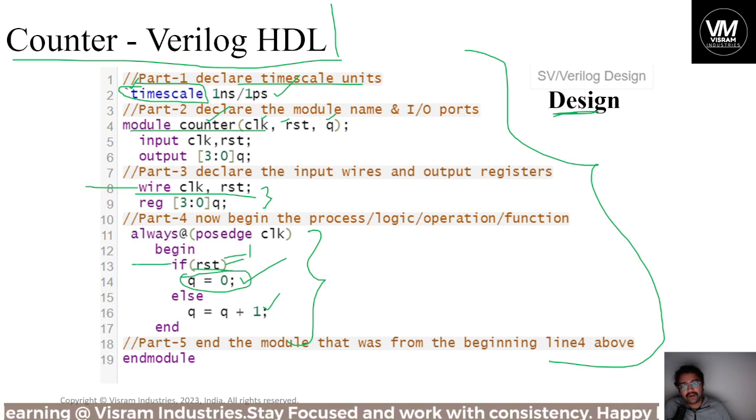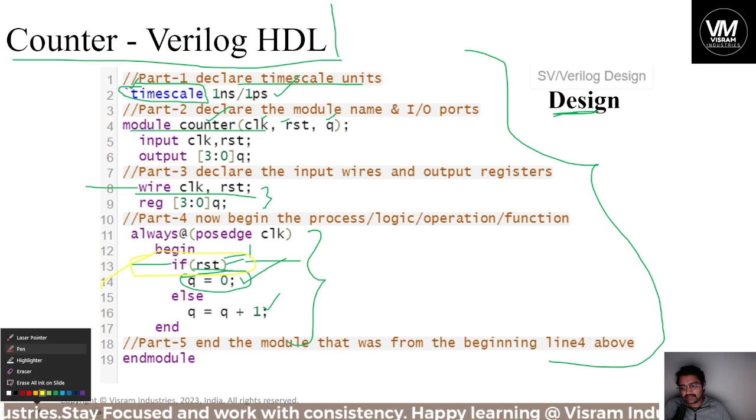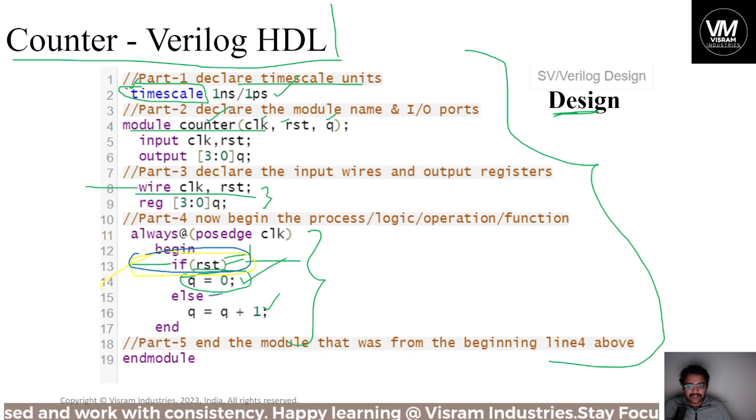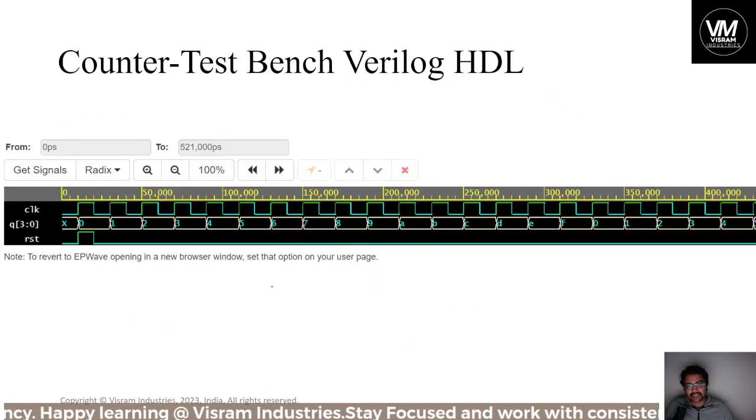So the if block is working, and the else should work at reset is equal to 0. That is the functionality that we want to test in the test bench environment.